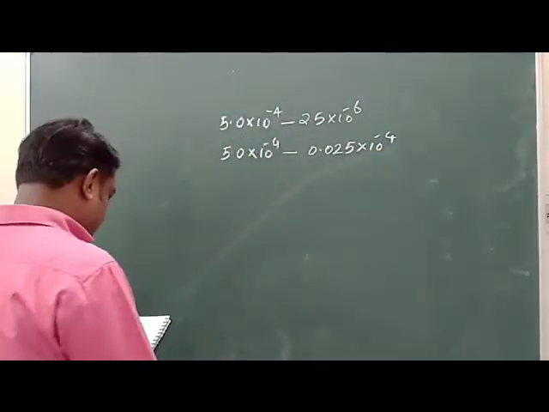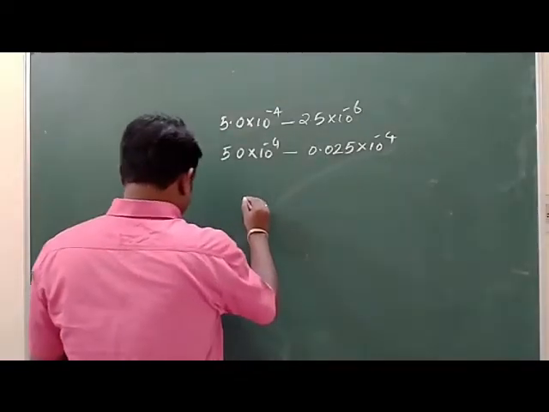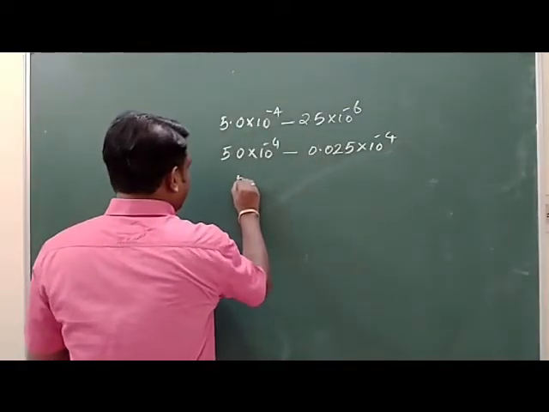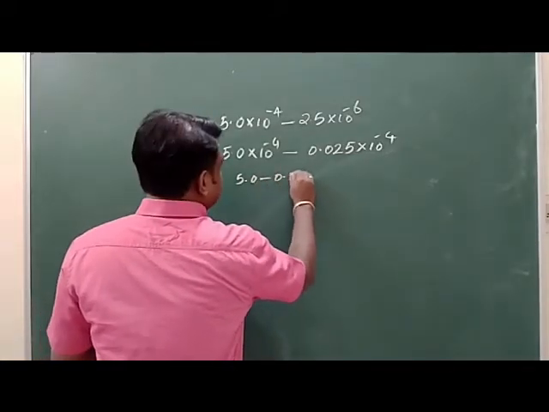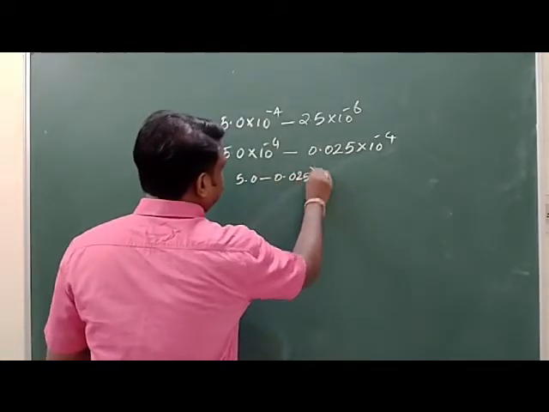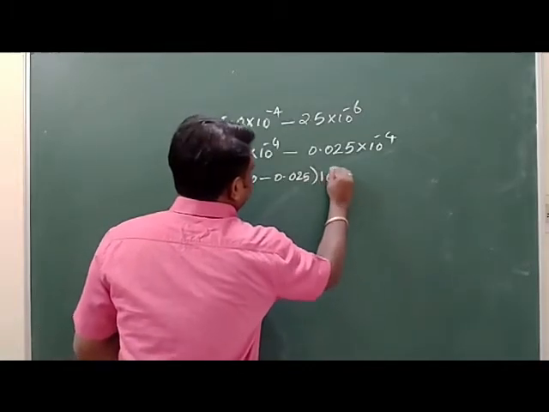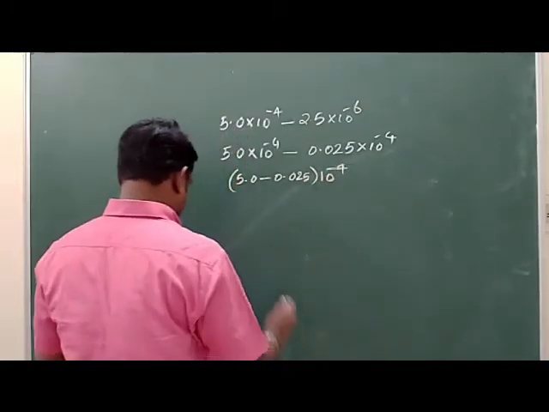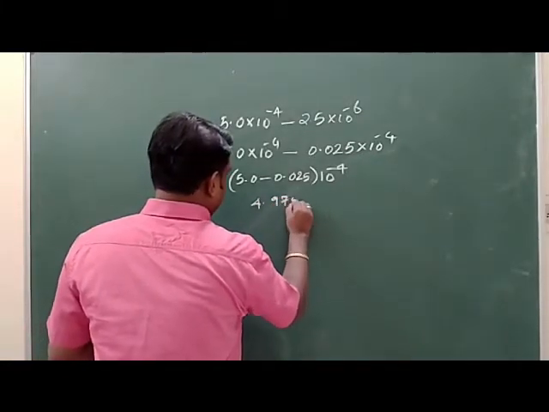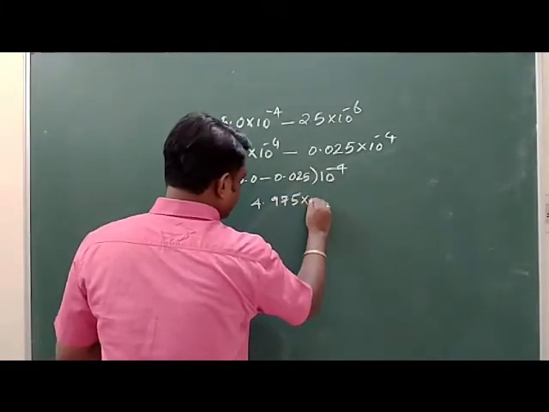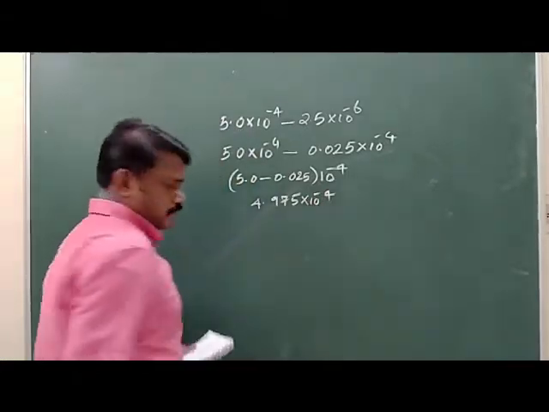When you subtract that, you get 5.0 minus 0.025 into 10 to the power minus 4, so it will become 4.975 into 10 to the power minus 4.